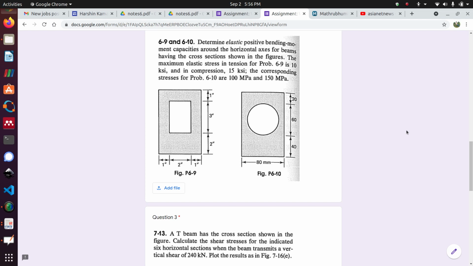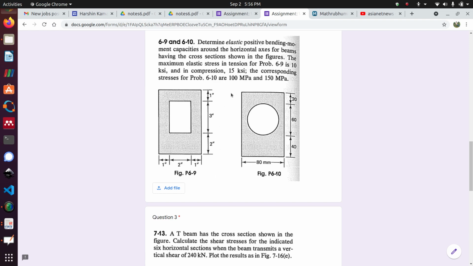The corresponding stresses for problem 6.10 are 100 MPa and 150 MPa. Okay, so what is the question here? The maximum elastic stress in tension for the first problem is 10 KSI, and the maximum elastic stress in compression is 15 KSI.